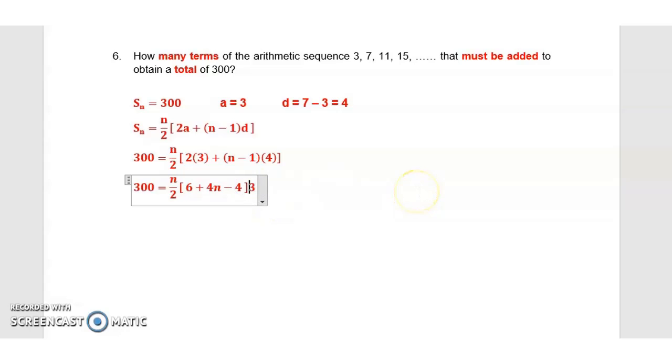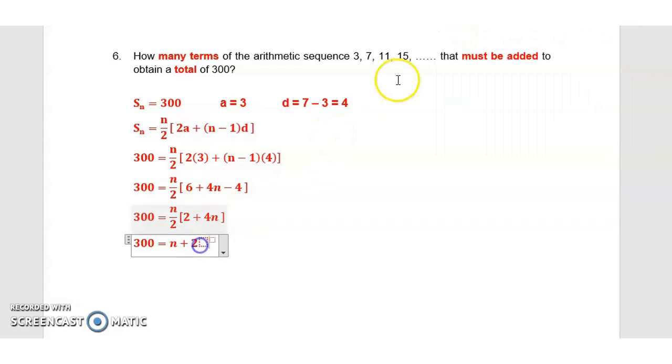Then simplify this one. So 300 equal to n over 2 times the value in the bracket: 6 minus 4 equal to 2, plus 4n. So 300 equal to, 2 divided by 2 is 1, so n times 1 is n, plus 4 over 2 is 2, n times n is n squared. So here we have n squared.